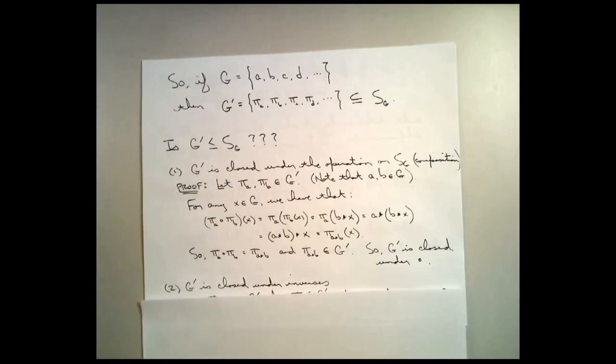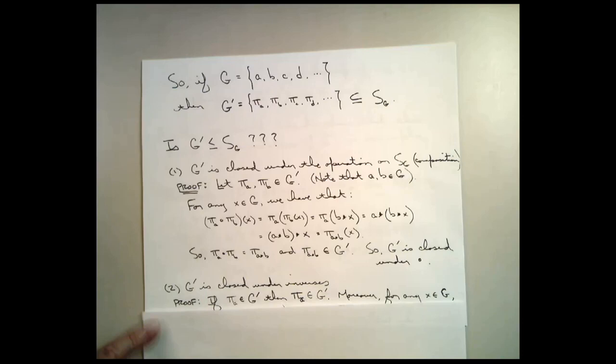Right now, I'd like to show that it's closed with respect to inverses. This is actually a little bit easier. If I take anything out of G prime, then that means that A is going to be in G, so G is a group, so A inverse is in G also. So I have a pi sub A inverse.